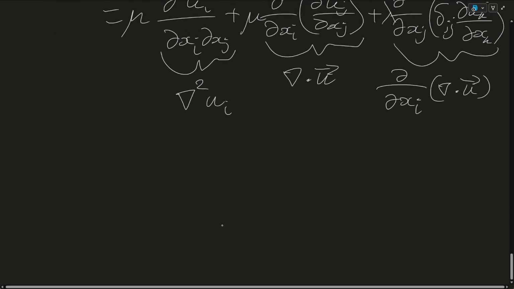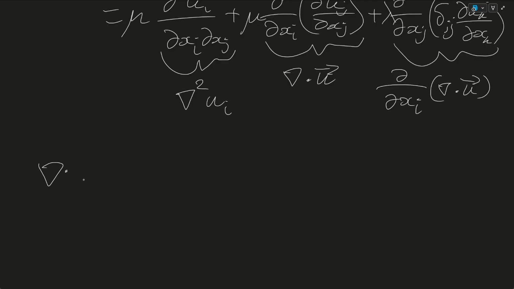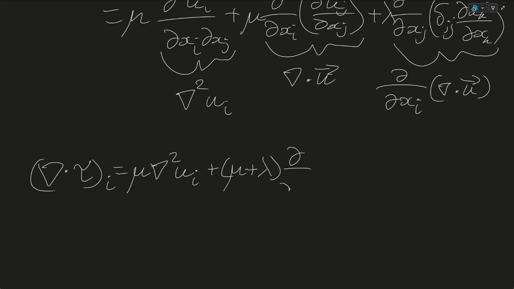That seems right. And so now we can say that, because this is just the same thing as what I wrote above, that is equal to mu Laplacian of u sub i plus mu plus lambda in the bracket xi del dot u.